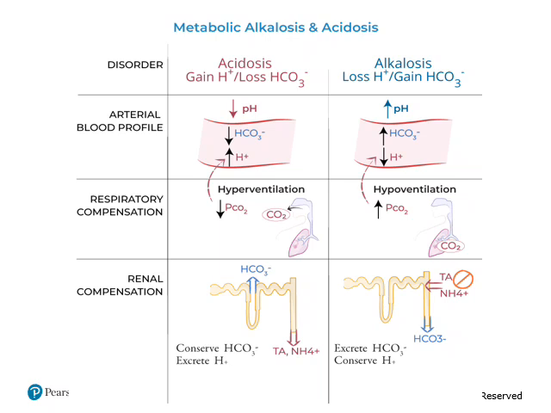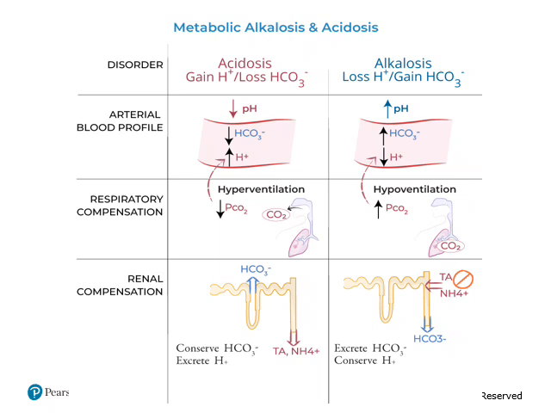The blood pH would drop down below 6.8. It causes depression of the central nervous system, which can lead to coma and death. Metabolic alkalosis is actually the loss of hydrogen ion and gain of bicarbonate.